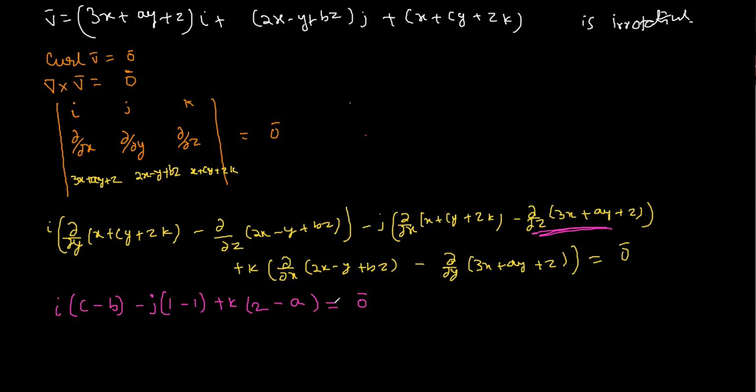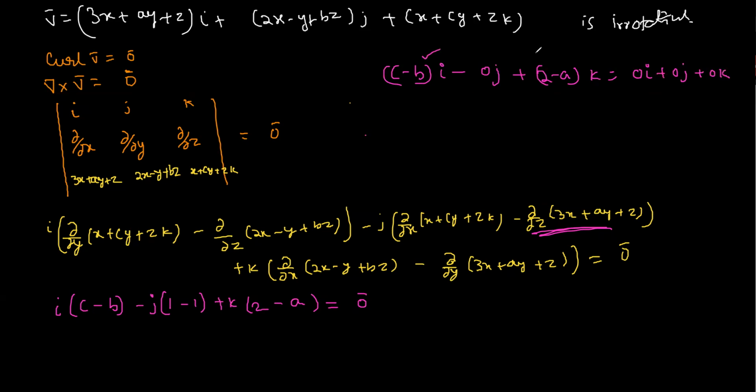Is equal to zero vector. Now I'm writing here (c minus b)i, 0j, (2 minus a)k is equal to zero vector means what? 0i, 0j and 0k, right?